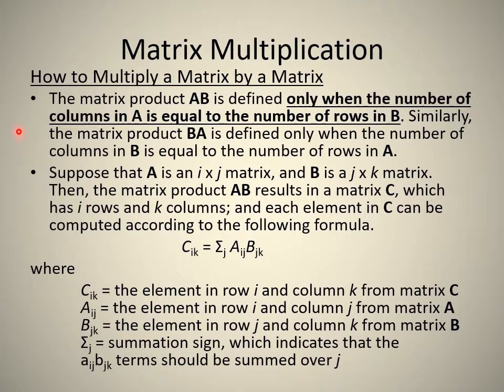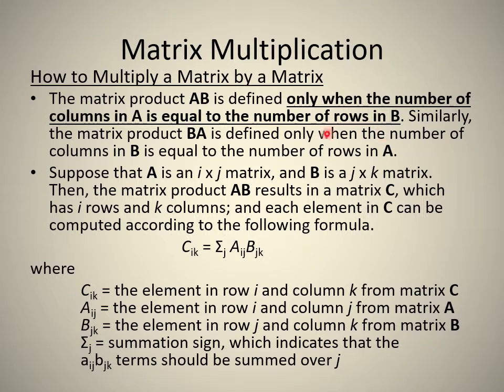So the first rule is you can only multiply two matrices when the number of columns in the first matrix, in this case matrix A, is equal to the number of rows in matrix B. Listen carefully. You can only multiply two matrices when the number of columns in the first matrix equals the number of rows in the second matrix.